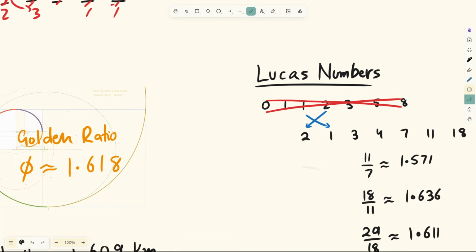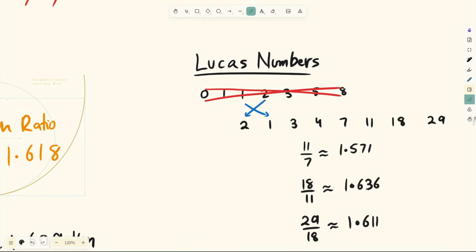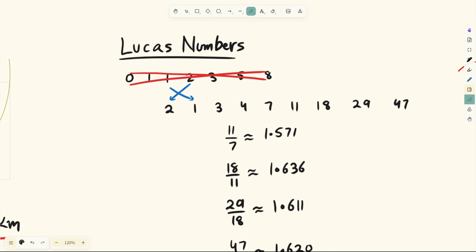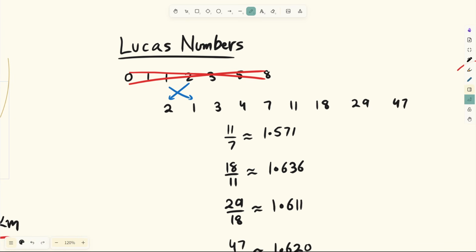But the Fibonacci numbers are not really very special in that regard. For example, if you take what is called the Lucas numbers, so instead of going 0, 1, 1, 2, 3, what you do is you swap the 1 and the 2.